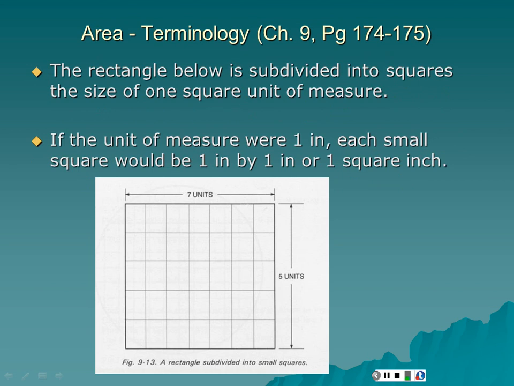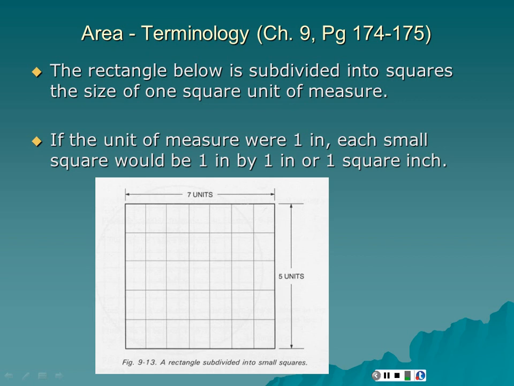To give you a little bit better idea, we have a rectangle here. In this rectangle, you see there are 7 units along the horizontal line, and you have 5 units along the vertical lines. So you have 7 units, that means you should have 7 cells along each row. Row means all the vertical lines, right?